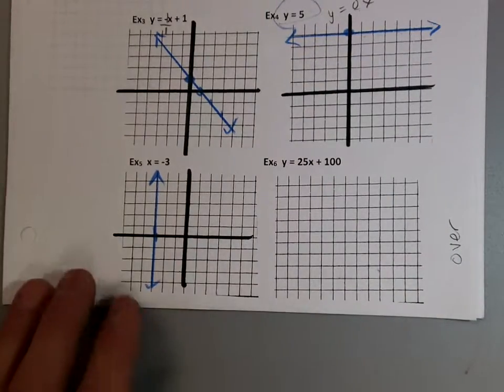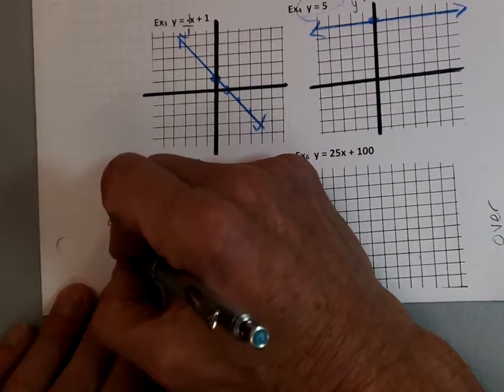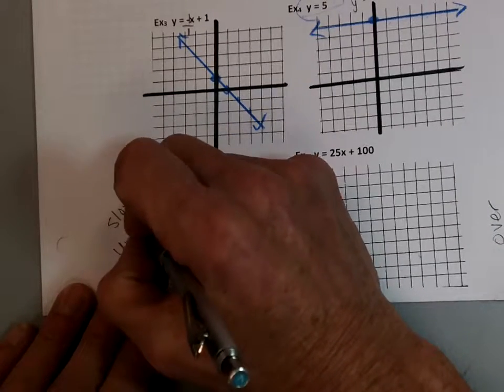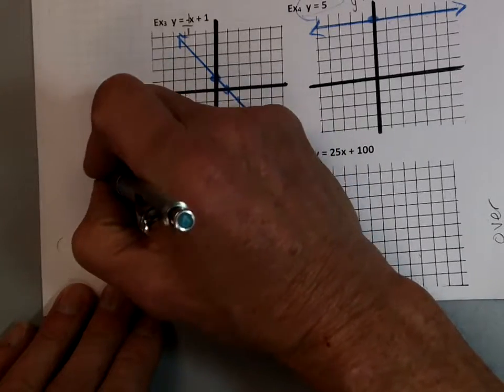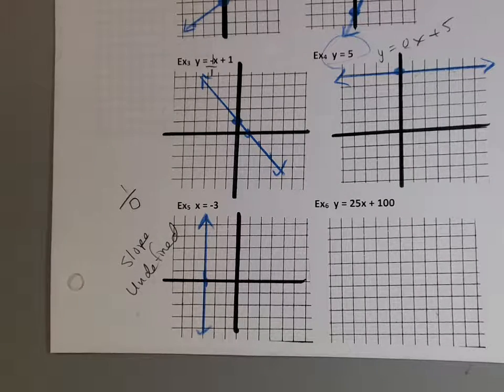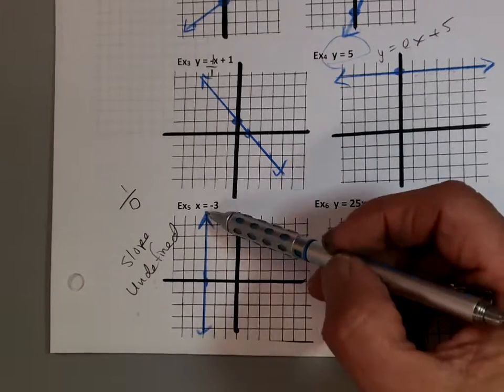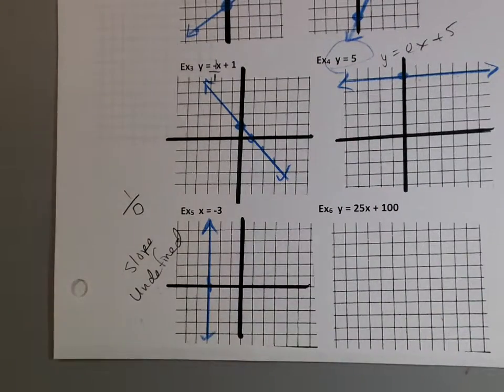In fact, the slope is undefined. You could say the slope is 1 over 0, but you can't divide by 0, it's undefined. So undefined slope, okay? That makes sense? The easiest way to remember this is slope is steepness, and if you have to ski this, it's so steep you're going to die, okay?